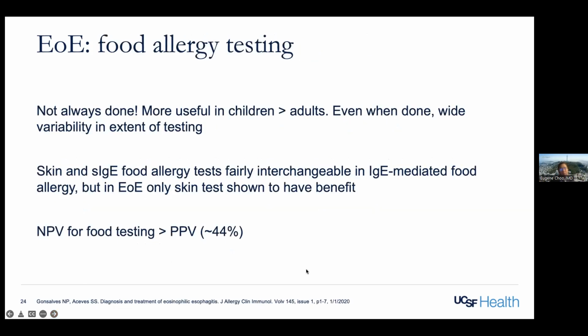And so once again, getting back to that question: food allergy testing is not 100% black or white here, and it's not always done. You're going to see differences stylistically among different institutions and even among different physicians at the same institution.